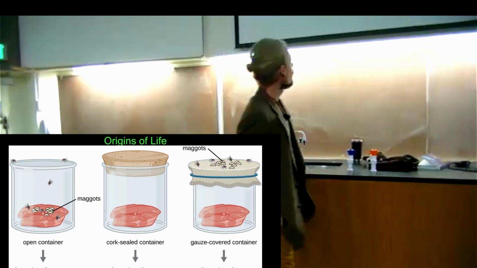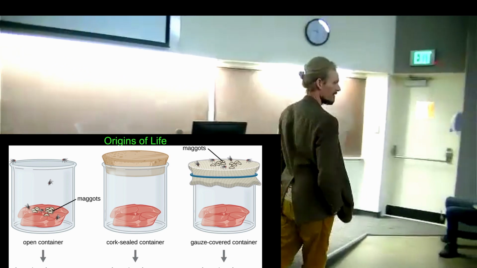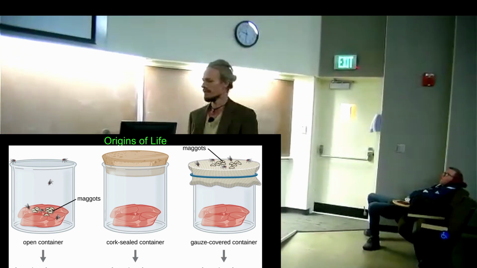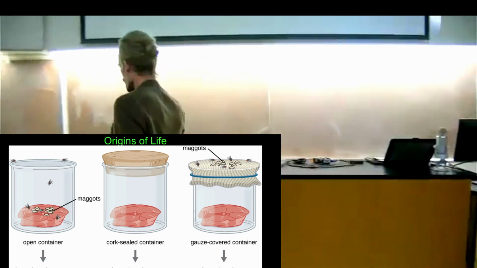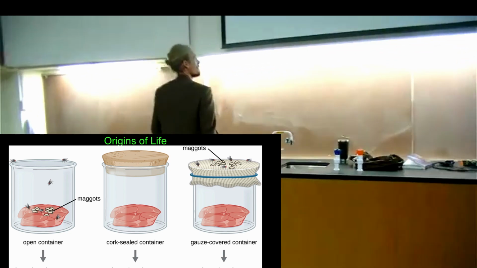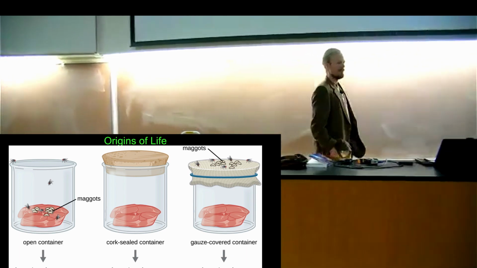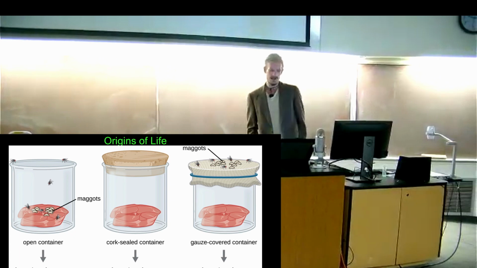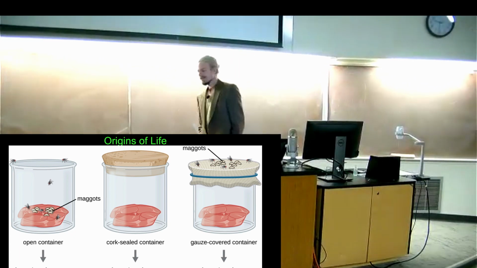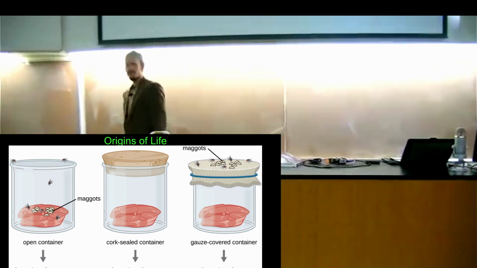But if you sealed off the container, nothing would grow inside of it, which we all put to use in the kitchen. However, if you put a piece of gauze over the top of it, then these organisms would be trying desperately to get to the source for which that life would grow. This definitely moved the ball down the field towards the idea that life needed to originate from other life.